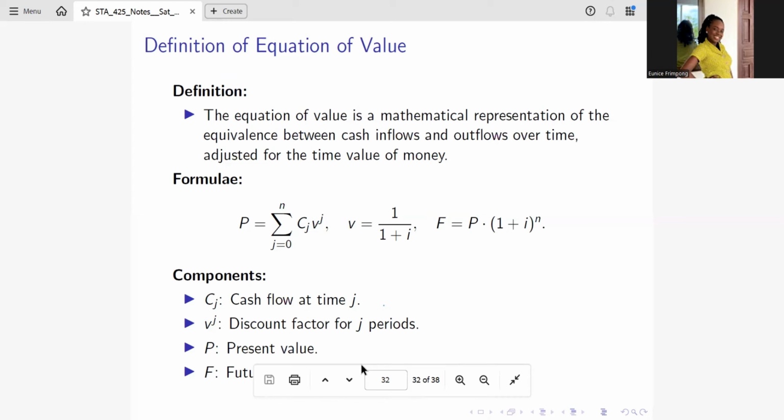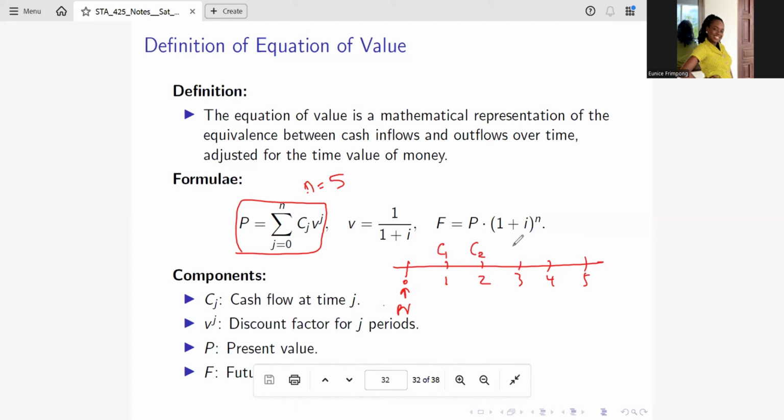By means of expansion, I'm trying to expand this. P here is our present value. J is running from 0 to N. Let me say my N is equal to 5, so j is running from 0, 1, 2, 3, 4, and then 5. Now there's some cash flow: C1, C2, C3, C4, C5.